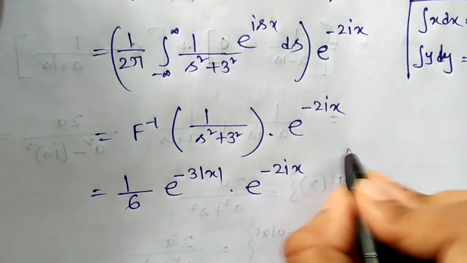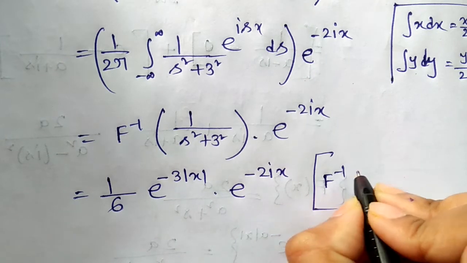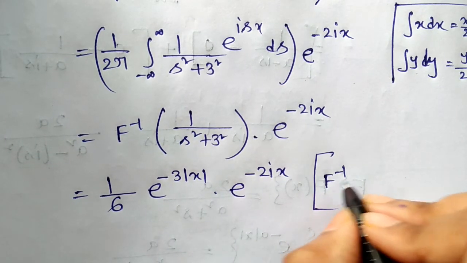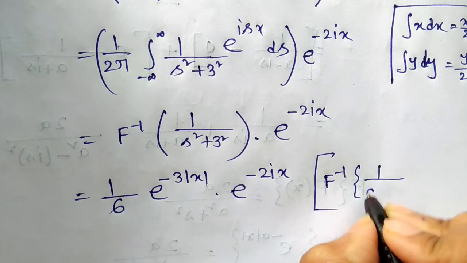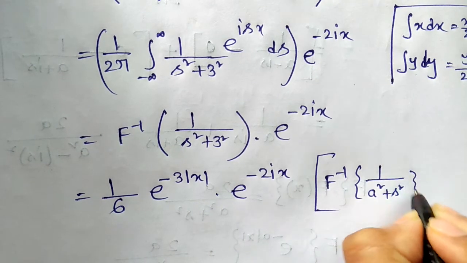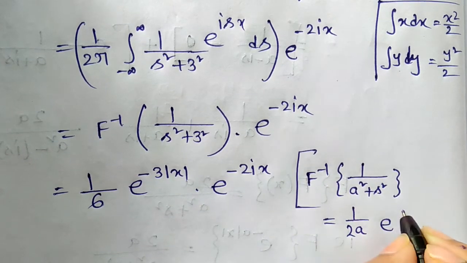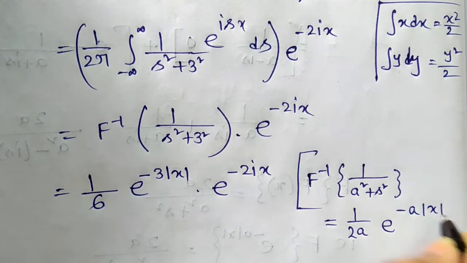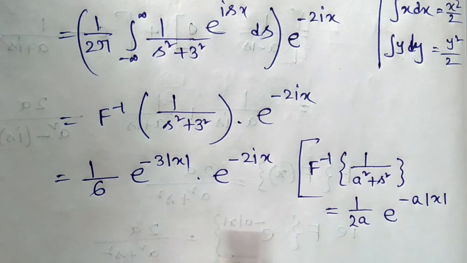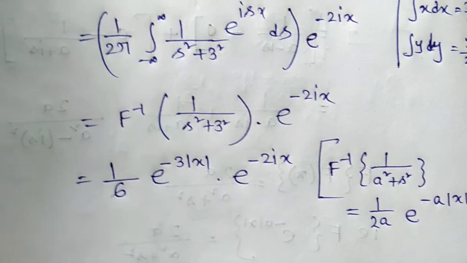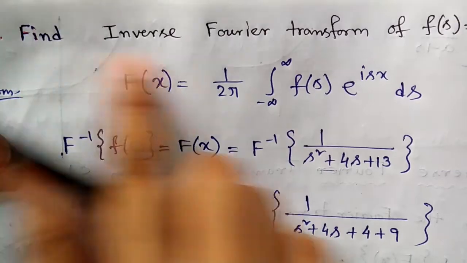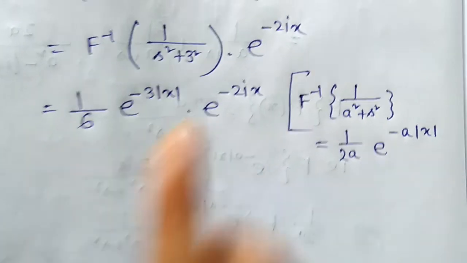Okay, that is, using this formula, F inverse of 1 by s square plus a square is equal to 1 by 2a e to the power minus a mod x. Using this formula we can get this. So this is our final answer, that is the inverse Fourier transform of this function is this.